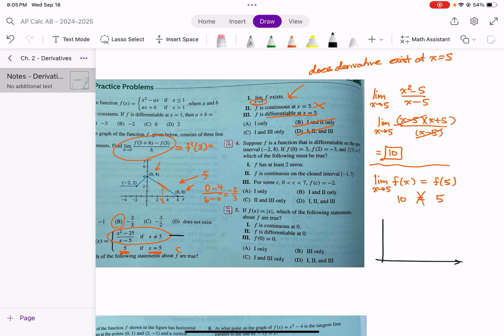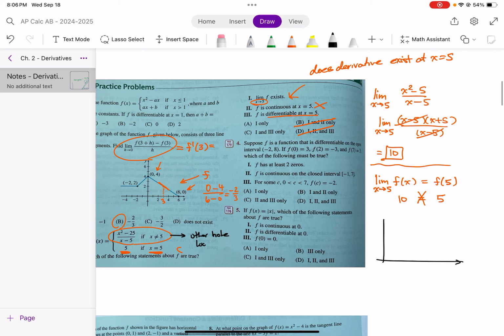So like this piece over here, there's a hole at 5, but otherwise, other than the hole, the function looks like x plus 5. Because no matter what x's I plug in here, whatever this number is will always cancel with this number.